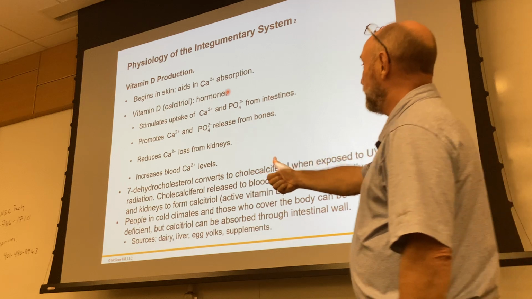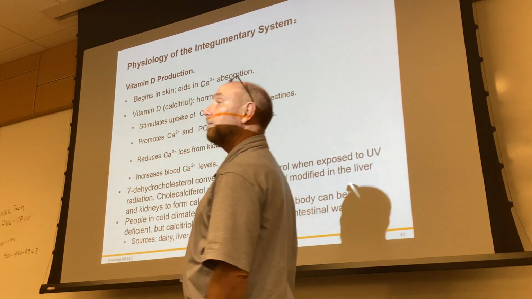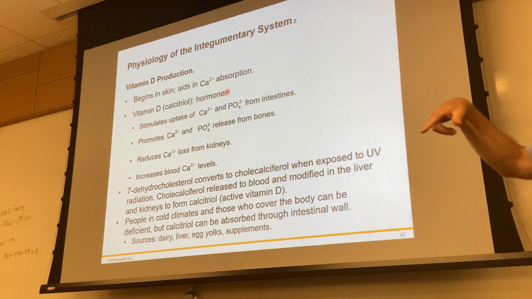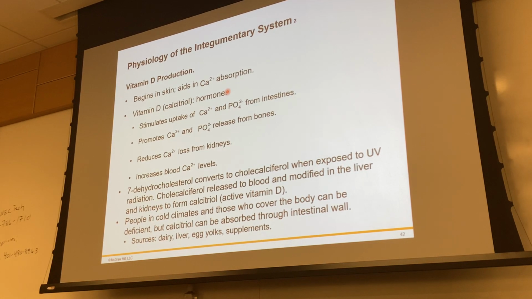So there's a couple of things here. What does vitamin D do? First of all, we'll talk more about this later on in the next chapter. Calcium and phosphate. PO4 2- here is phosphate. That's the chemistry of the P when I was talking about ADP plus Pi is ATP.